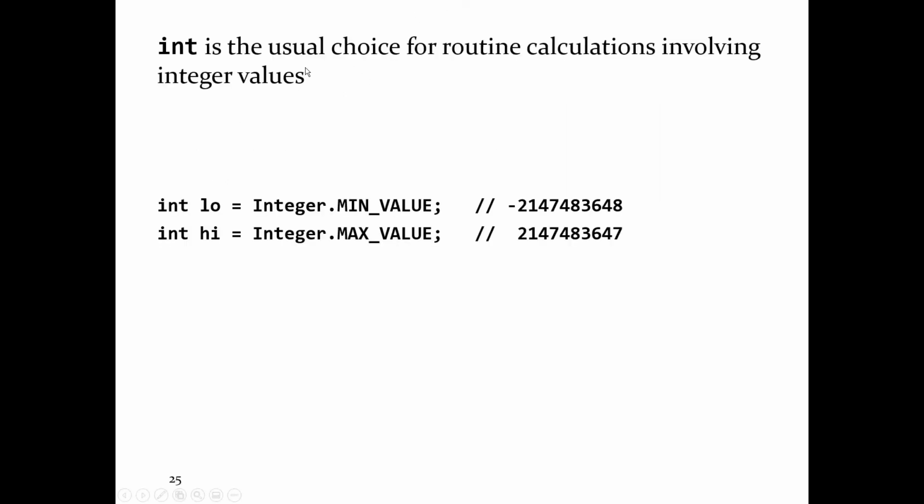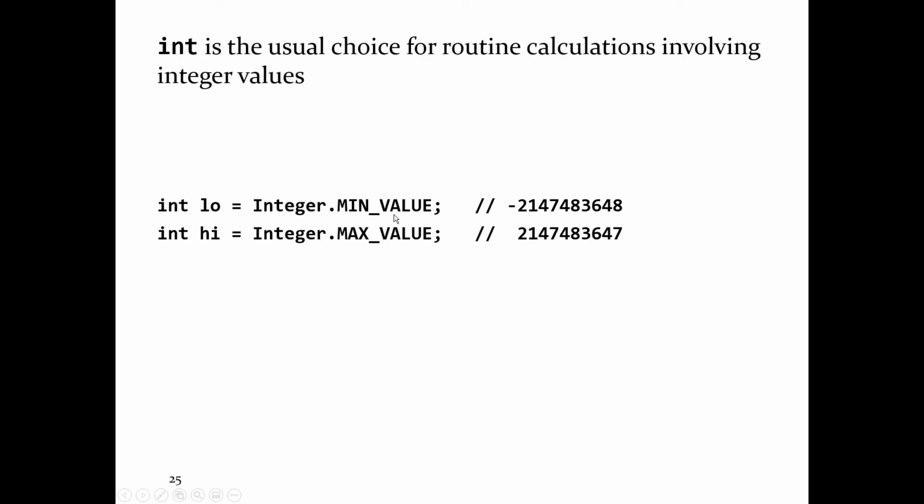If you want to do calculations involving integer values, then int is the usual choice. Now, it has a smallest value and a largest value. The smallest, or most negative, int value is defined by that constant right there: Integer dot, all caps, MIN_VALUE. Whenever you see something in all caps with an underscore in the name, it's probably a constant.